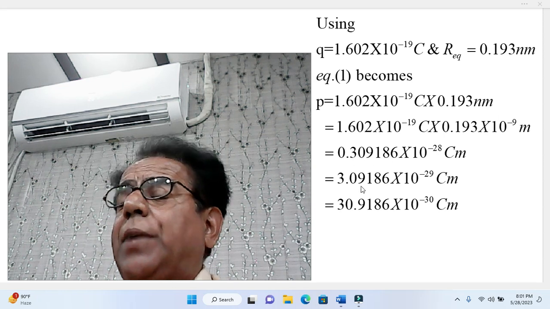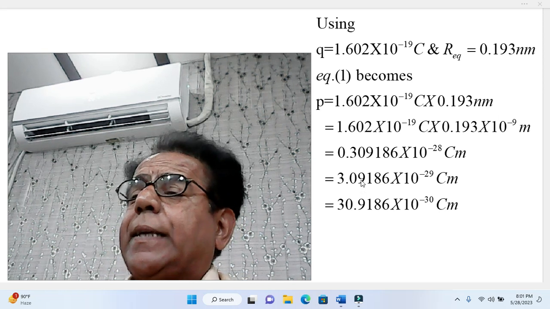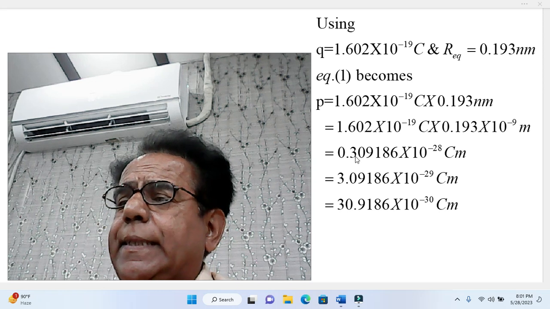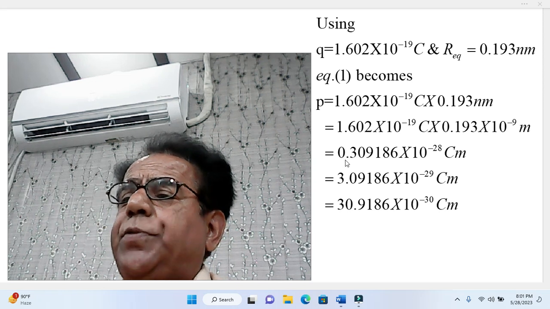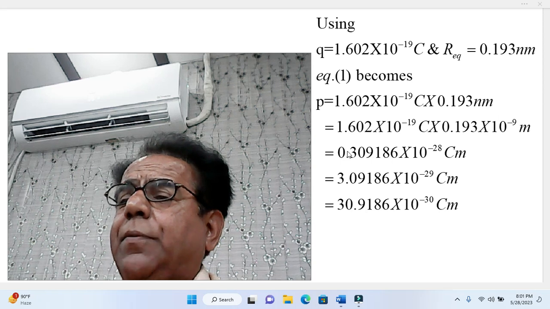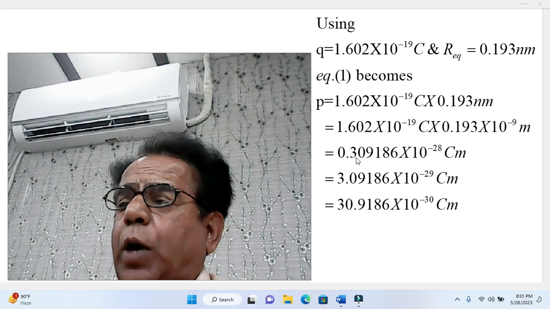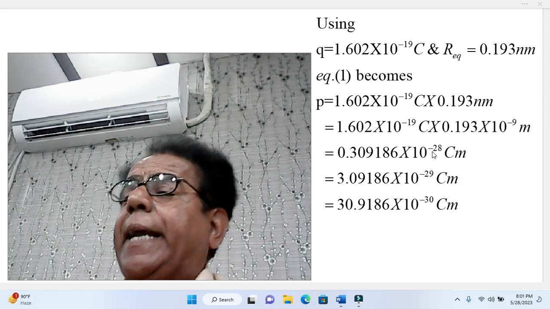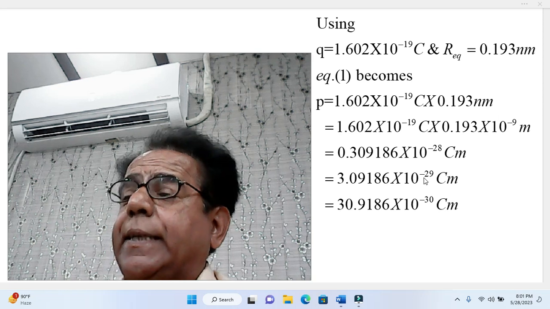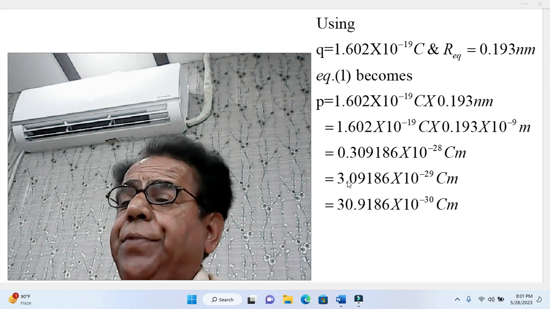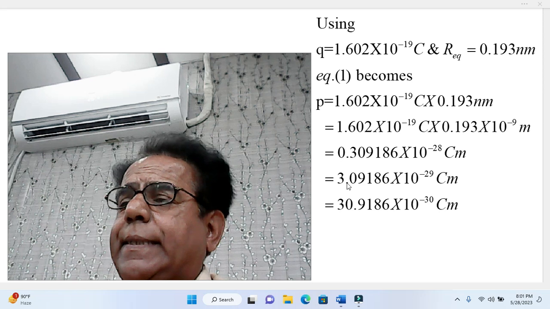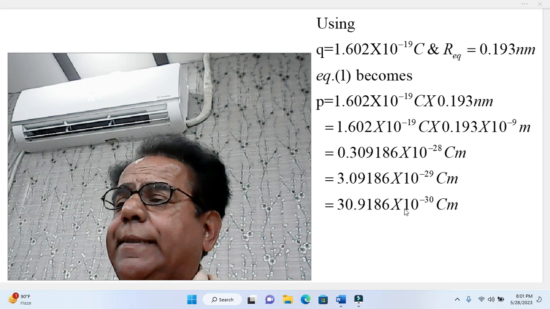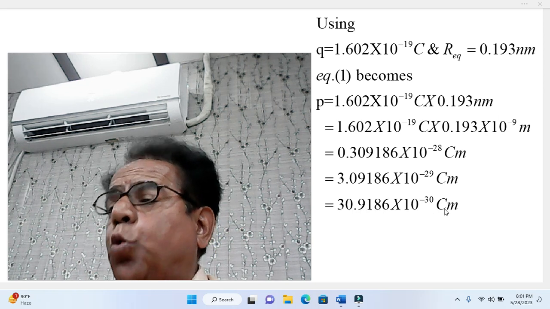In the next step, we have changed it into 3 point. Instead of 0.309186, we have written it as 3.091, and hence minus 28 has been increased to minus 29. And in the next step, we have rewritten this expression in this form: 30.9186 into 10 raised to the power minus 30 coulomb meter.